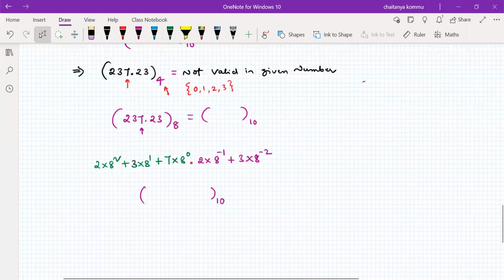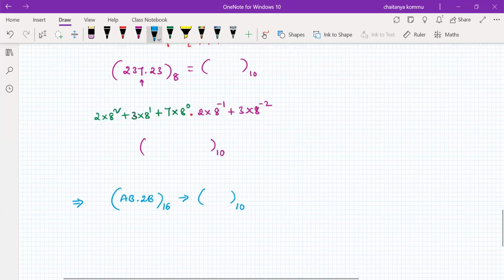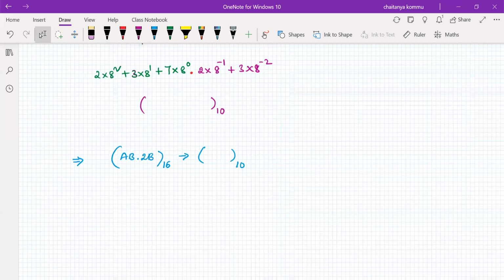Anyone from the class, please help me in this one. The calculation part is at your side, please do it.